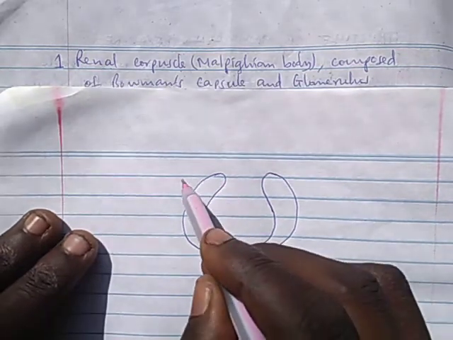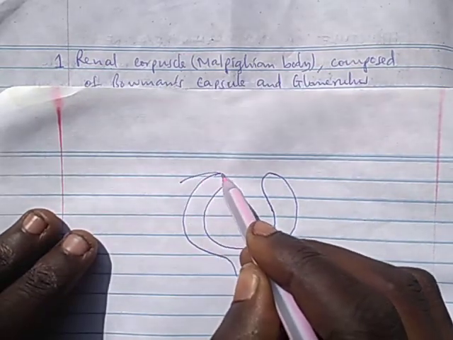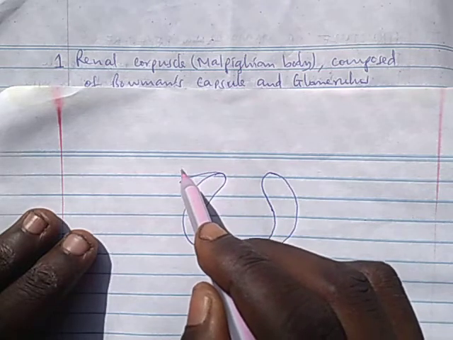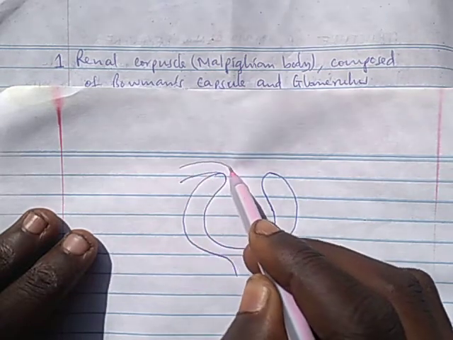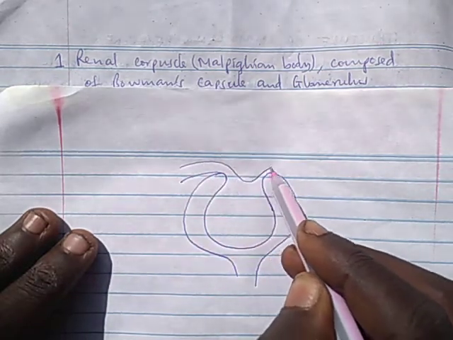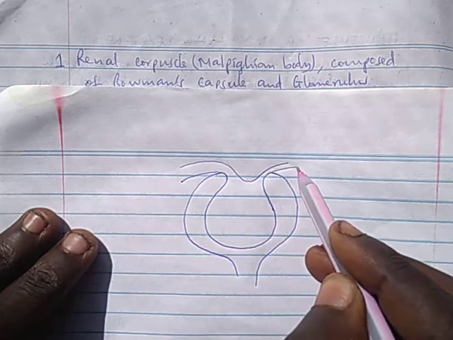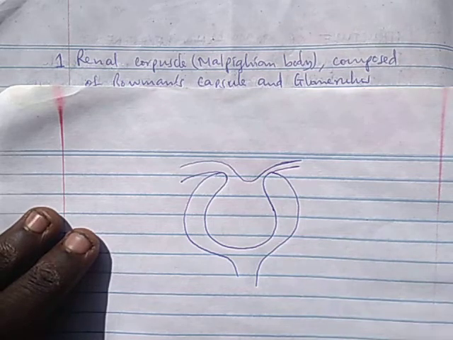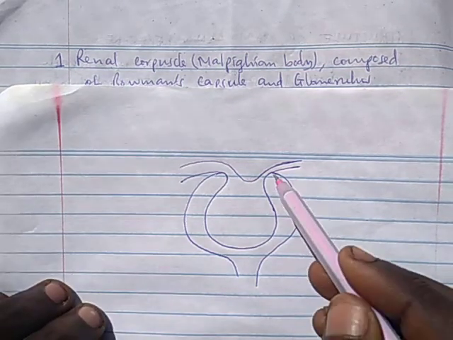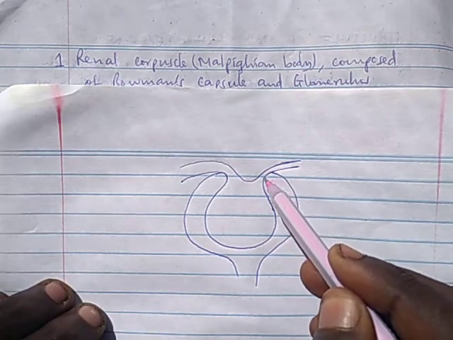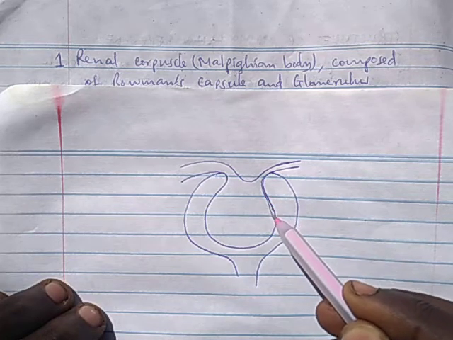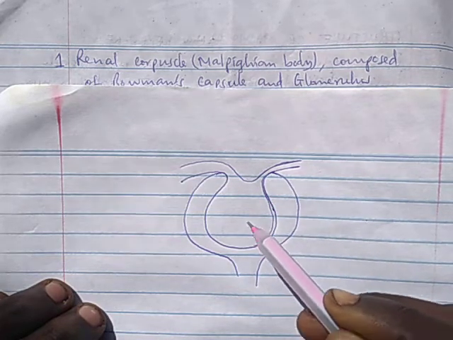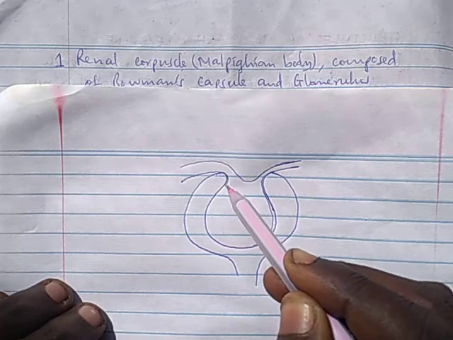And inside of this we will have a blood vessel bringing in blood, and here we will have a blood vessel taking blood out. I draw it because that is how the anatomy is. So this blood vessel inside forms a network.